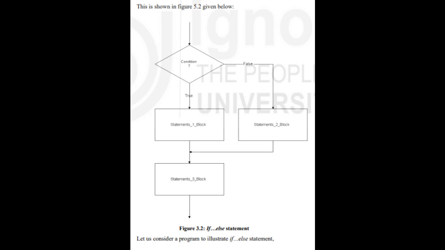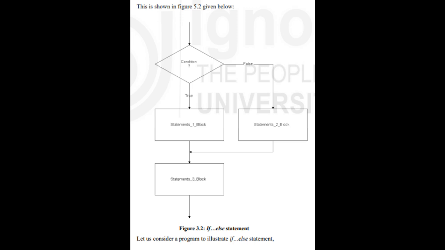Its form is used in conjunction with if and the syntax is as follows: if (condition) statement_1; else statement_2; statement_3; or if (condition) {statements_1 block} else {statements_2 block} statements_3 block.